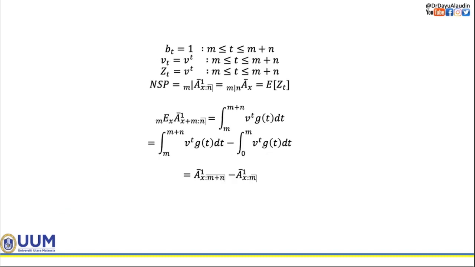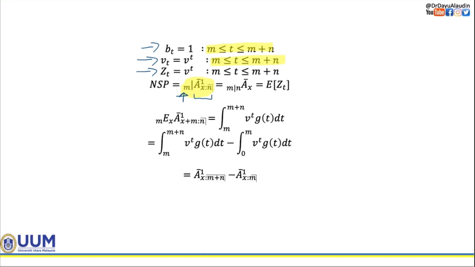So for the benefit function in this case, the death must happen between M to M plus N to get 1 ringgit. And the discount function is Vt for t between M and M plus N. So Zt is Bt times Vt. This is how we write down the notation. It is a term insurance like the previous one, we just add on the deferment years.